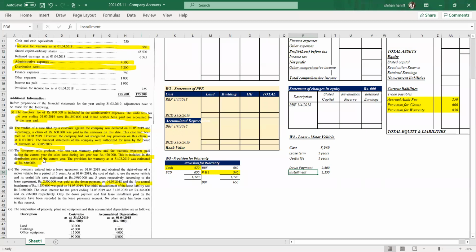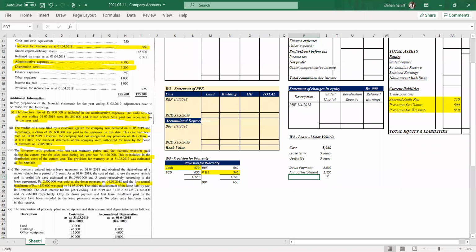The first annual installment is 1,250. Annual installment means every year they have to pay 1,250, for 5 years.